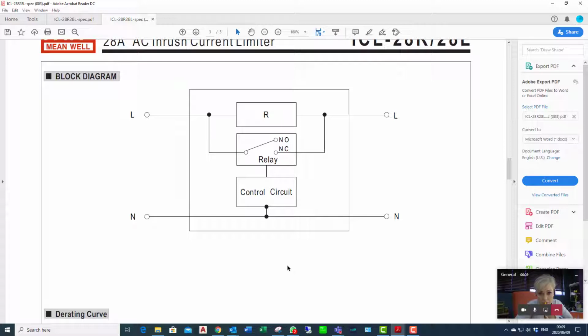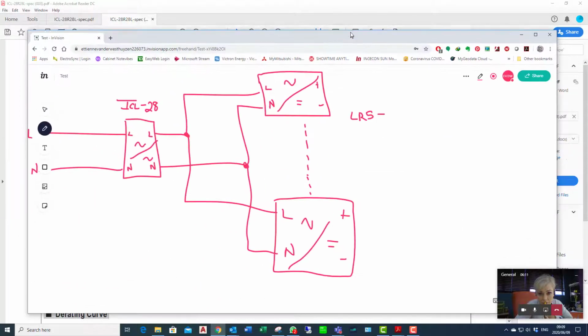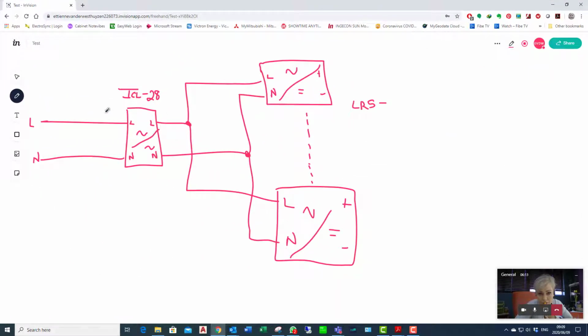To explain to you, I have this little thing. So you've got live and neutral and ICL coming in here. It's an AC to AC converter, and on the power supplies, we can connect a quantity of 165.